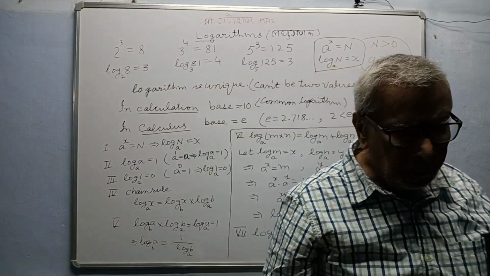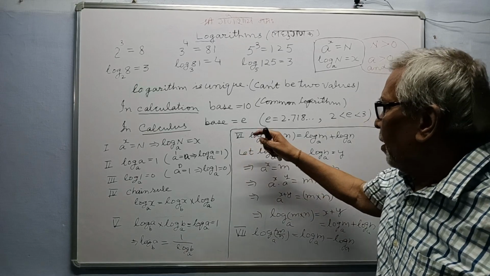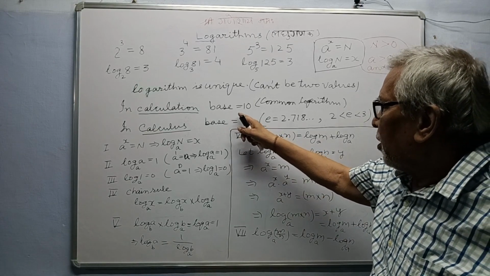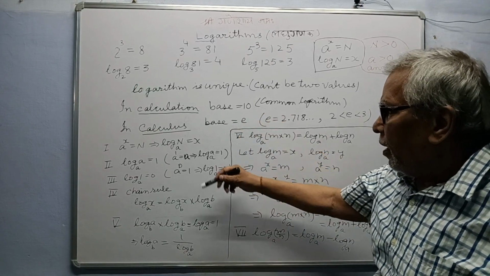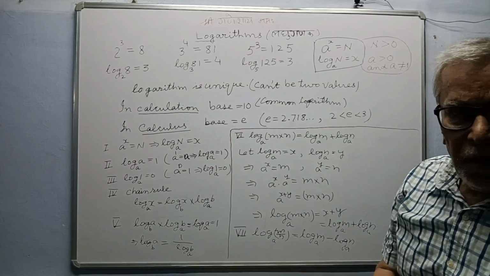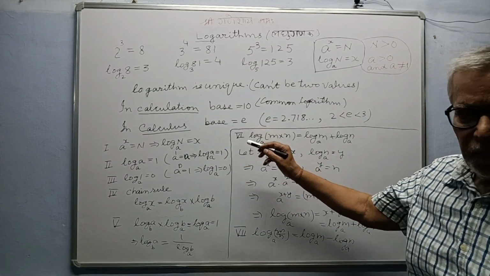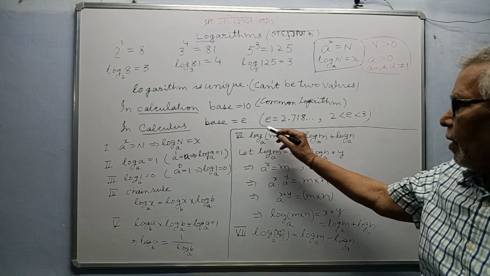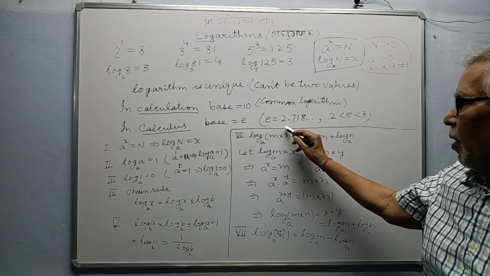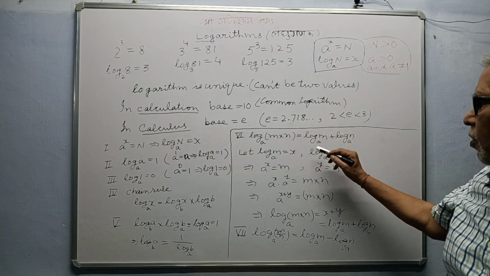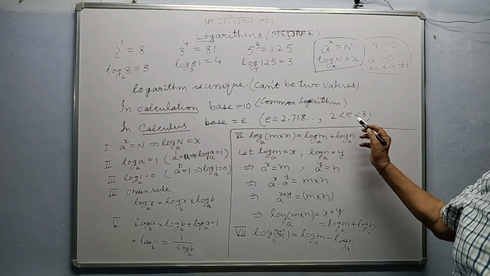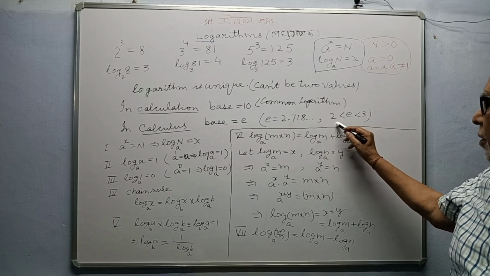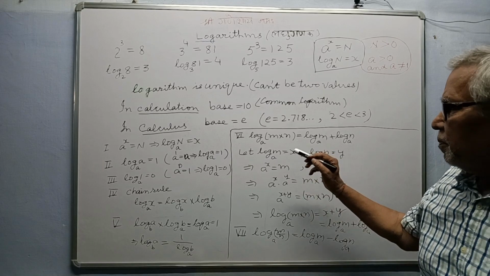In calculation, it is understood whether base is given or not. Base is 10. In calculus, base is always e, whether we write it or not. And value of e is 2.718... So e lies between 2 and 3, that we know.